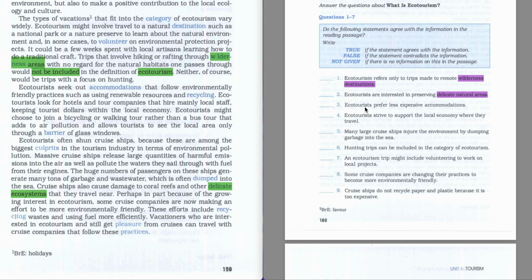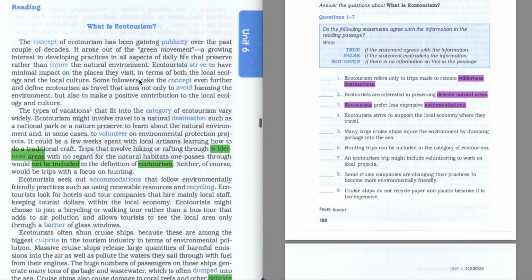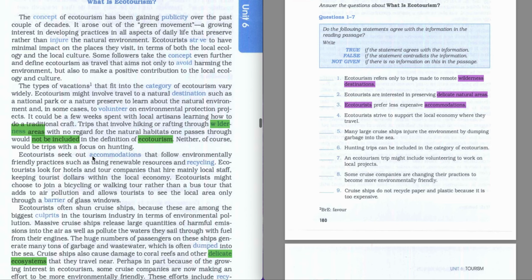Let's go further. On the third sentence, ecotourists prefer less expensive accommodations. So our keyword is going to be accommodations. And then let's try to find any information about accommodations which is supposed to be mentioned in the text. We scan quickly. We have here information about ecotourists who seek out accommodations.